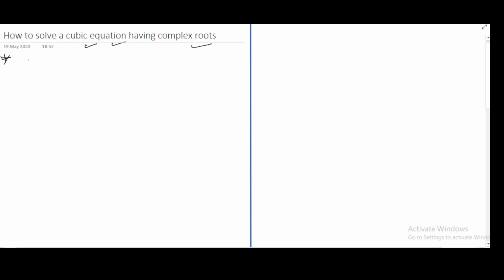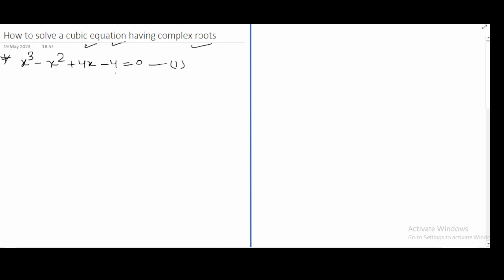Let's see the equation. The equation is x cube minus x square plus 4x minus 4 equal to 0. In order to solve this equation, give this equation the name 1.